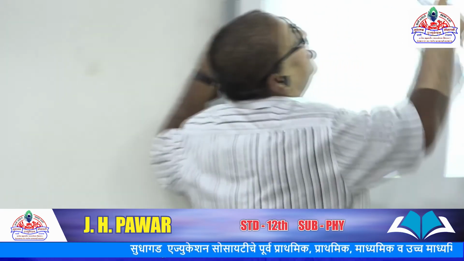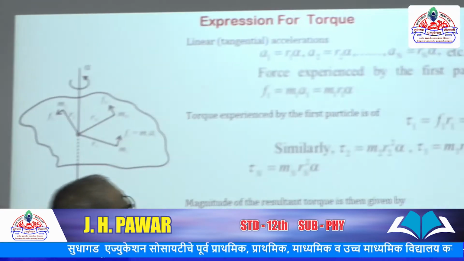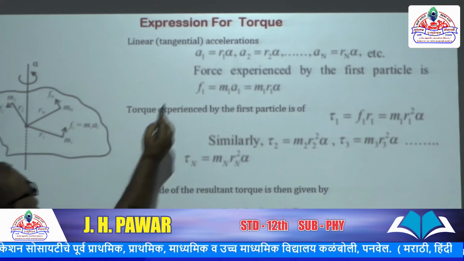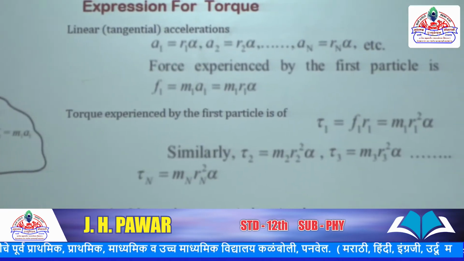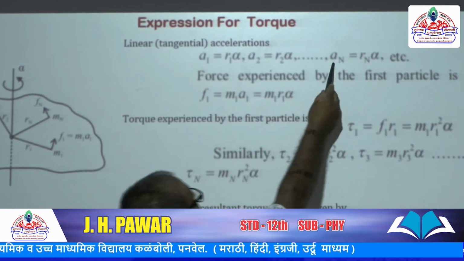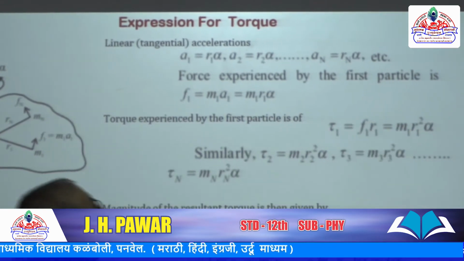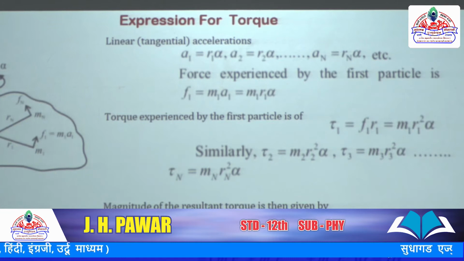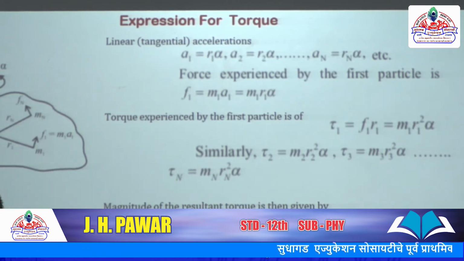This tangential acceleration can be taken as a1 equals r1 alpha, a2 equals r2 alpha, up to an equals rn alpha. These accelerations are different, so the tangential forces acting on the particles performing circular motion are also different.